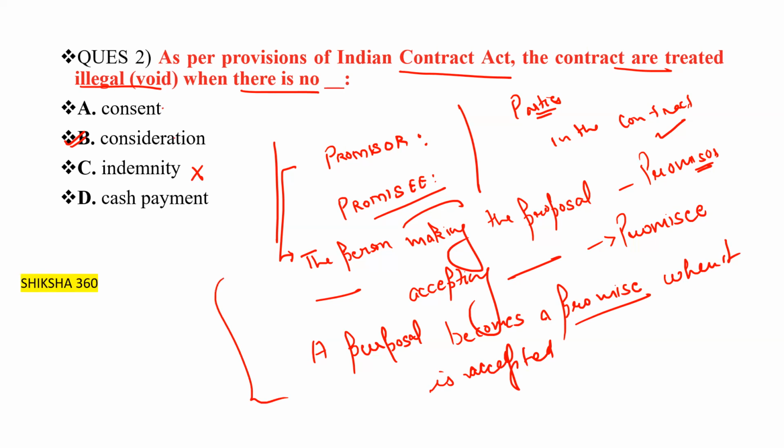Basically, who is the promisor? The promisor is the person who is making the promise. And the promisee is the person who is accepting that proposal. Clear?